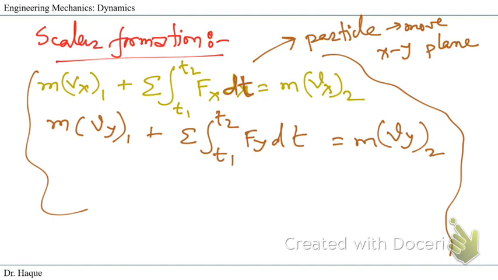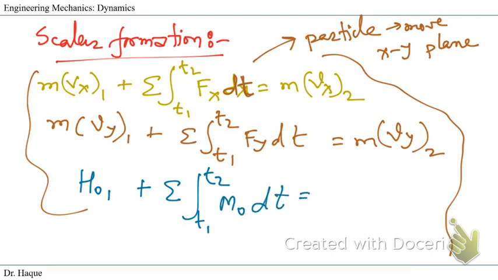If it's xy, then we can write these two equations, and we'll have our angular momentum equation as H01 plus the integral from t1 to t2 of the moment dt equals H02. So this is for a particle in scalar formation, without any vector direction, for a particle that is moving on an xy plane.